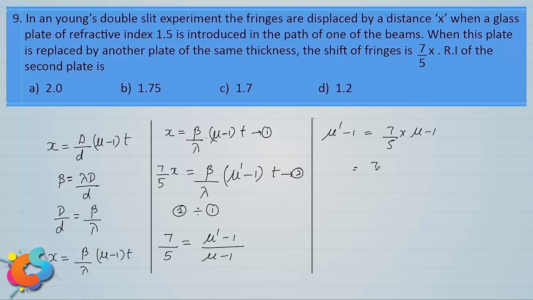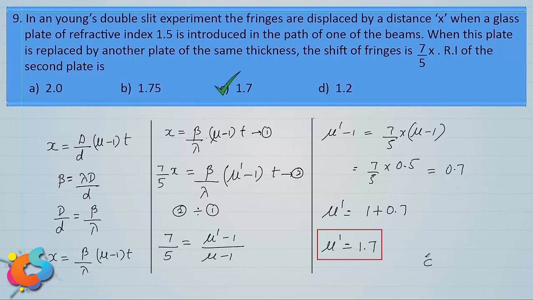Initially it was 1.5, and 1.5 minus 1 is 0.5. So this is equal to 7 into 0.1, that is 0.7. So mu dash is equal to 1 plus 0.7, mu dash is equal to 1.7.